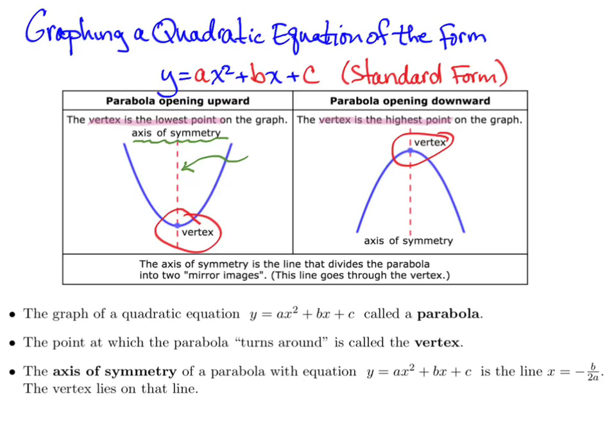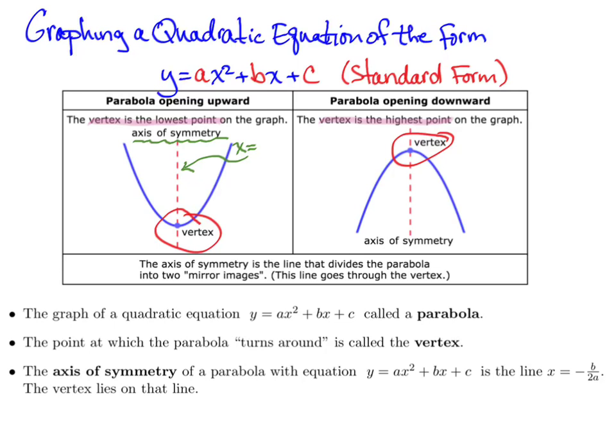Since that line is a vertical line, and we know all vertical lines have an equation x equals some number, it's important to find that number. It's also important because we know the vertex will always be on that line, and so we'll have the x-coordinate of the vertex if we get the equation of that line.